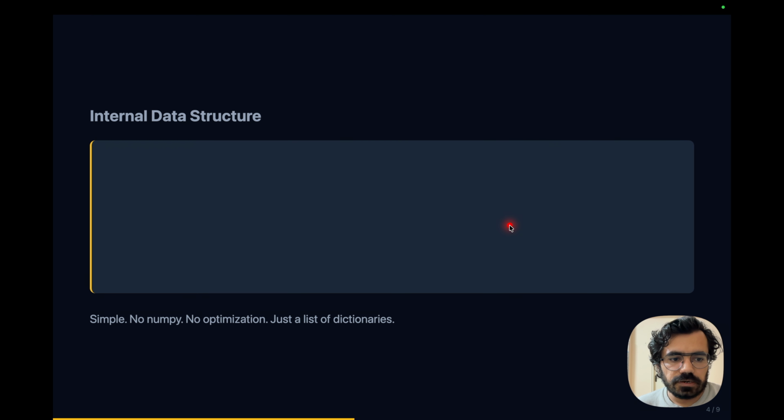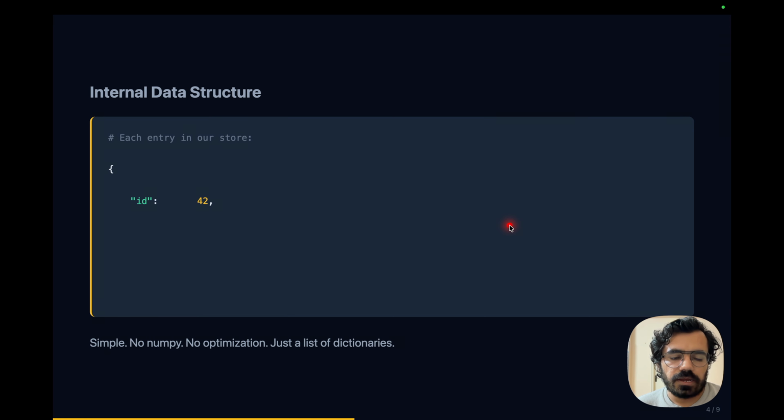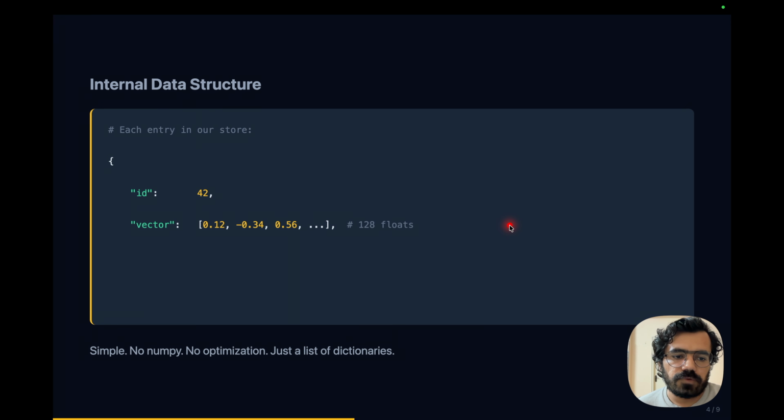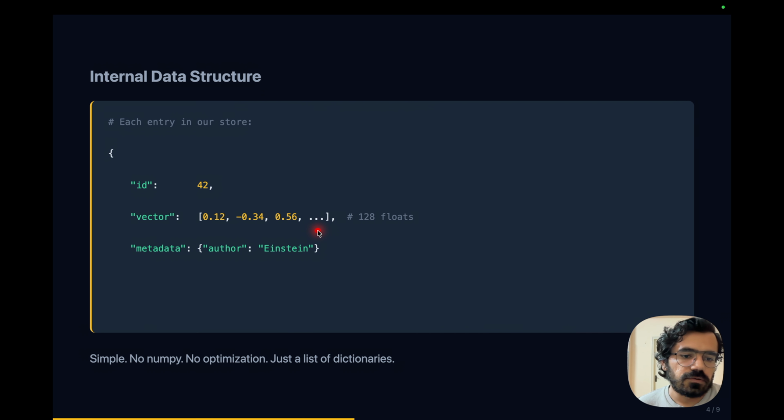So let's look at our vector database and how one document will look. Each document in our vector store will have an ID. Let's say we give it an integer, for example 42. Then we will have a vector which represents the actual numbers, and let's say we choose 128 dimensions, so it will be an array of 128 floats. Then we can have some metadata as well, such as author and the author name.